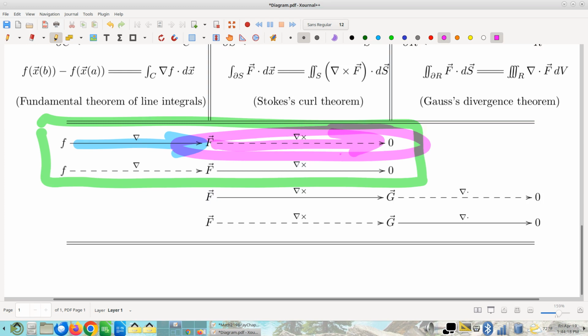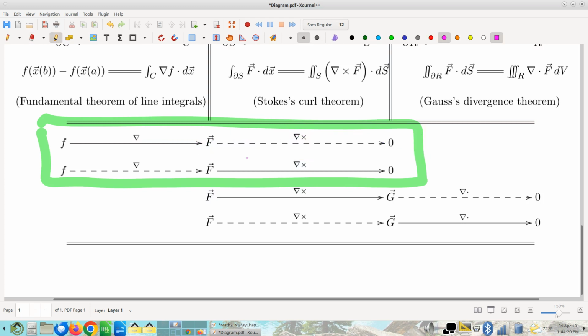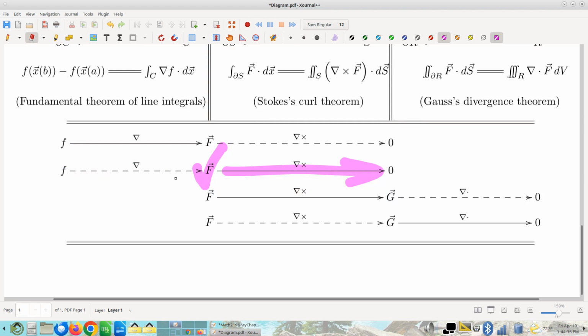And then of course this other statement down here says the backwards of that. If curl is 0, then that vector field must be the gradient of some function. Again, old theorems, not new ideas, but this is just how I like to write it on the page.